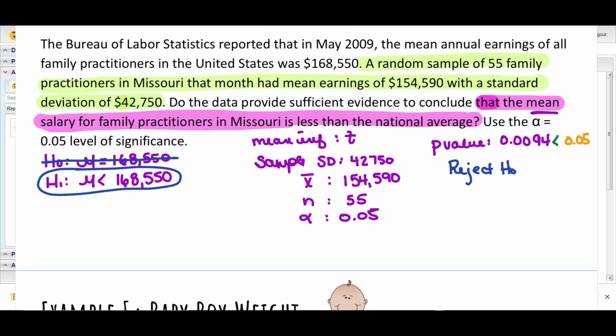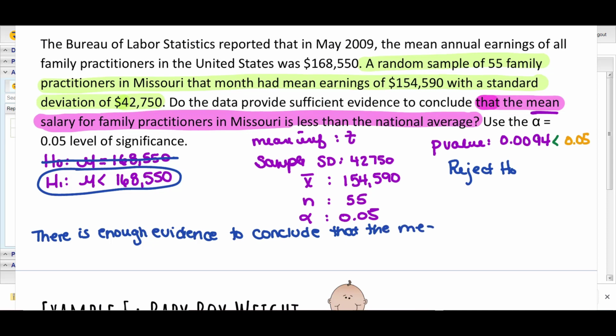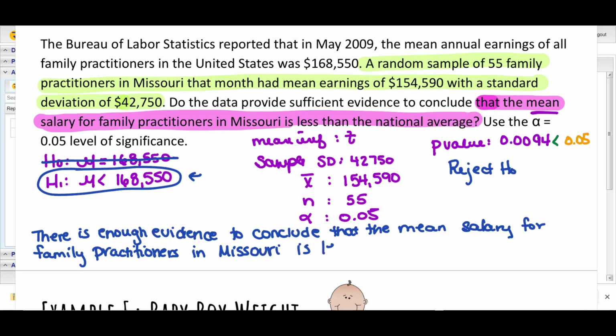So conclusion, there is enough evidence to conclude that the mean salary, so we have to write H1 in context, the mean salary for family practitioners in Missouri is less than 168,550. You could also say it's less than the national average.